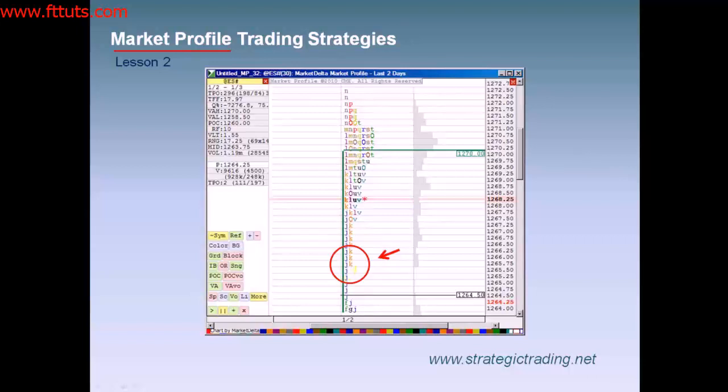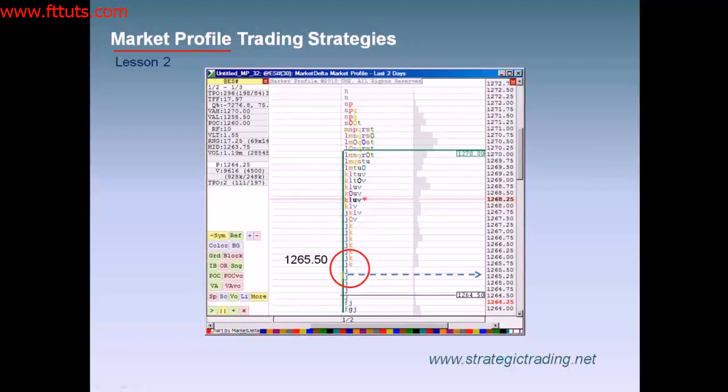But primarily I want to show you that there's a letter J and there's a letter K. So what this tells us is this price, which we see right here, 1265.75, was hit twice in this session. The market hit this price at two different times during this particular day. One time we got a J print, and another time we had another TPO, which was the K print.